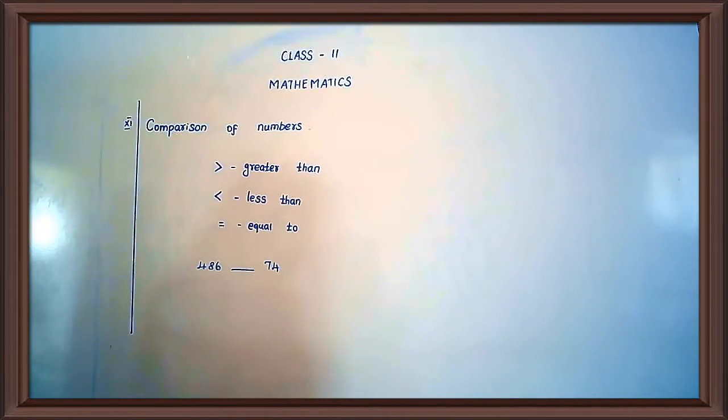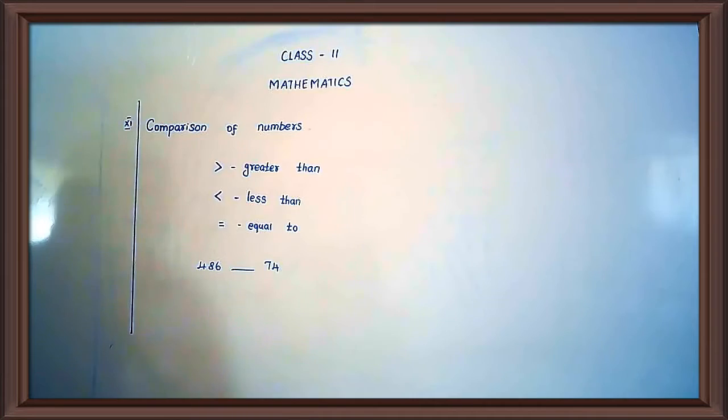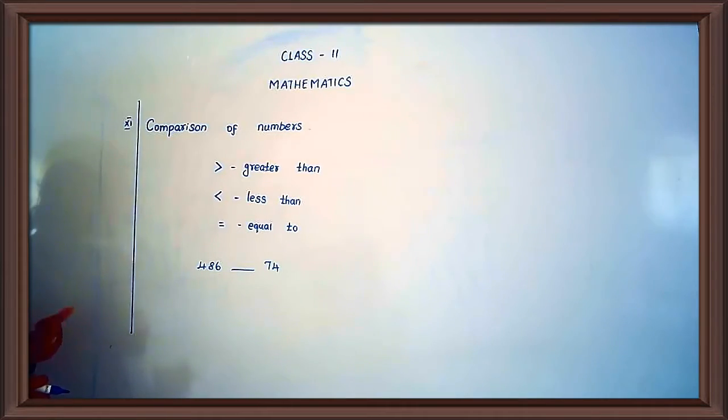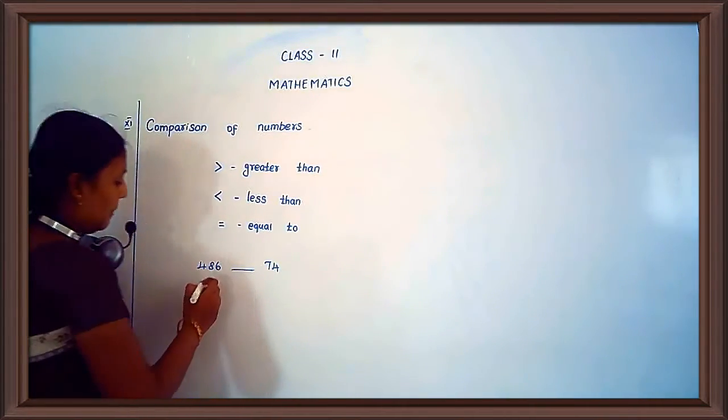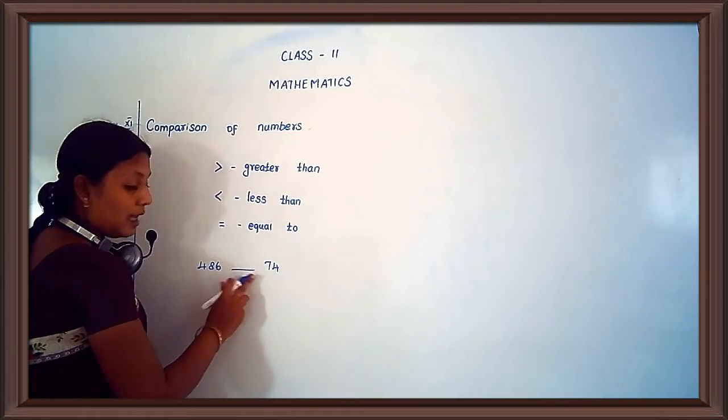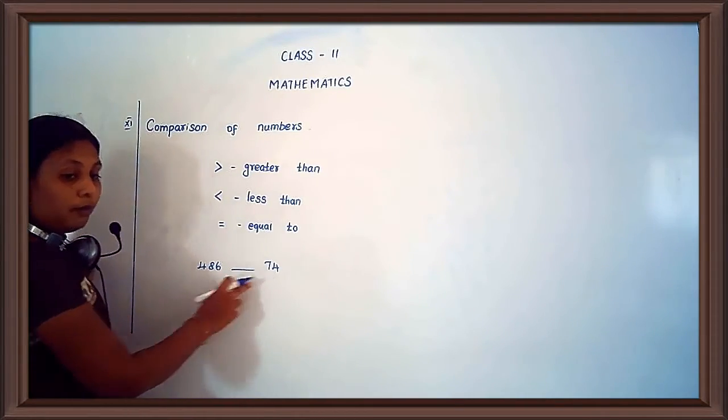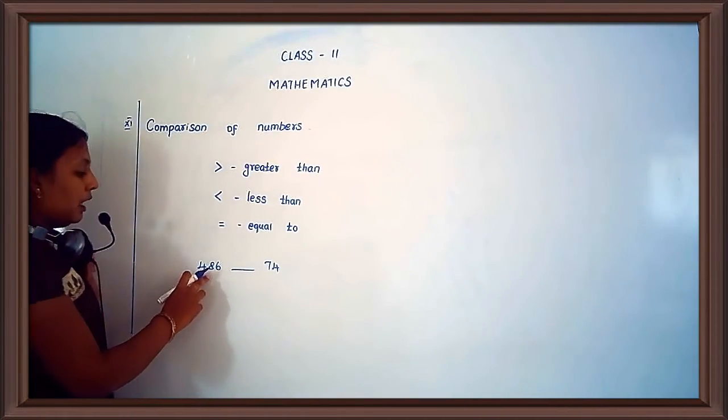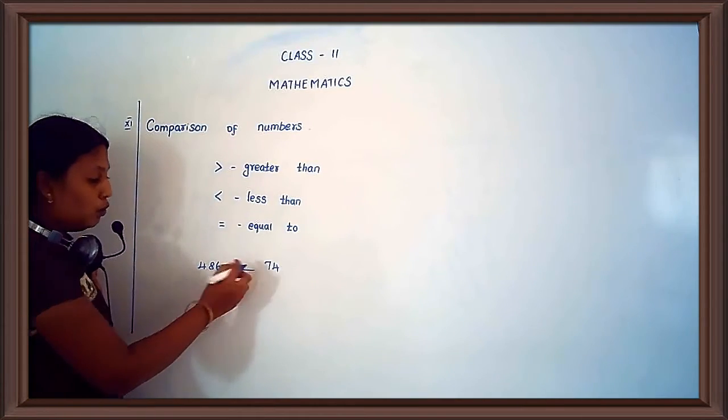A 4-digit number is greater than a 3-digit number, and a 3-digit number is greater than a 2-digit number. Now, 486 and 74: 486 is the greater number. So we have to use the greater than symbol.